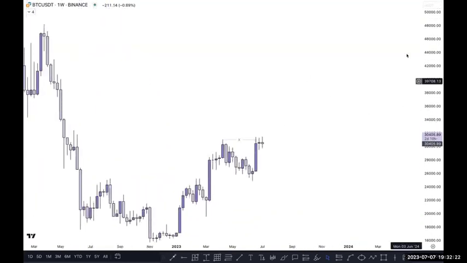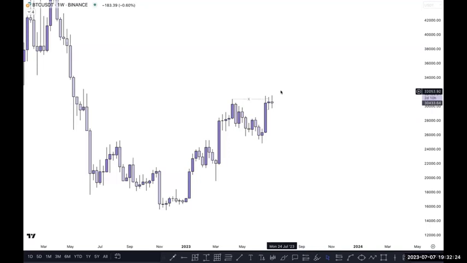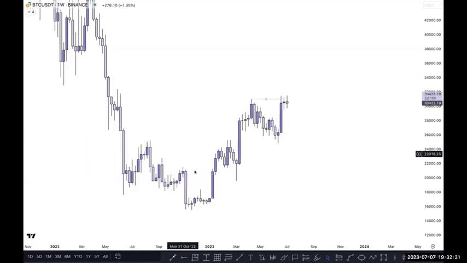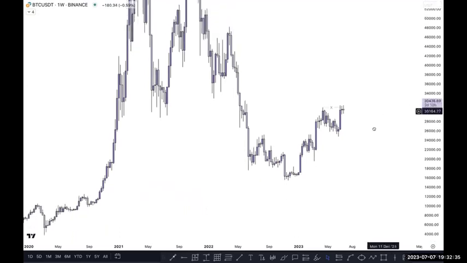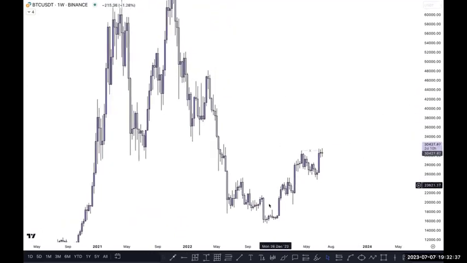Everything is looking for a reversal to the upside for the short term, but it doesn't mean that Bitcoin is bullish. This is just an indication that the market is trying to go upside to take out the inducement possibly. Where is the inducement here in this case? This one, as we know, as per the weekly time frame, right?